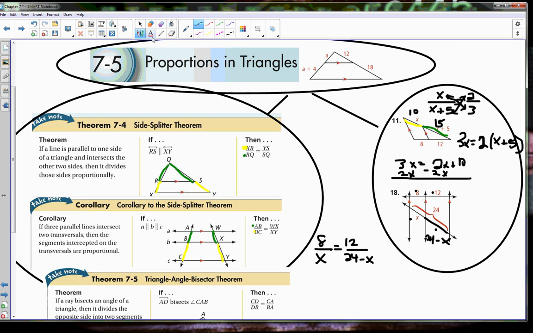So now I have a nice little proportion. All I have to do is solve. So 8 times 24 minus x equals 12x. Eight times 24 is 192 minus 8x equals 12x.